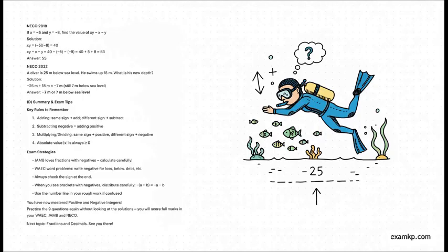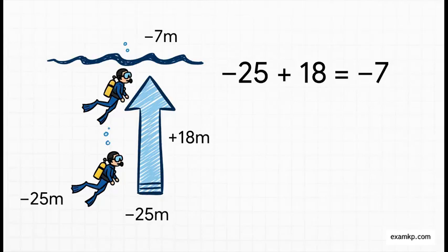Let's try one from NECO now. This time, it's about depth. The phrase below sea level is a massive clue. It's a signal that we have to use a negative number. So, the diver starts at negative 25 meters. Okay, so the diver is at negative 25. He swims up 18 meters, which means we are adding 18.